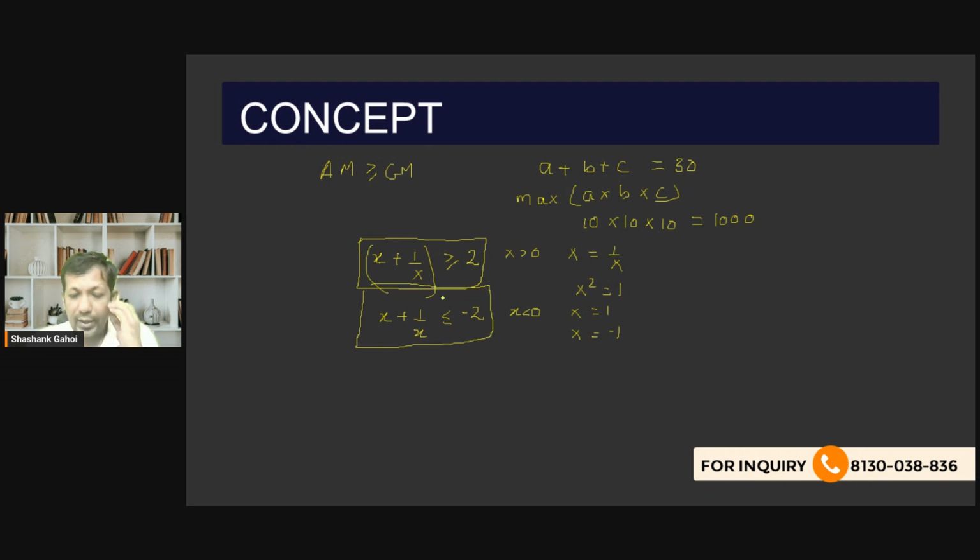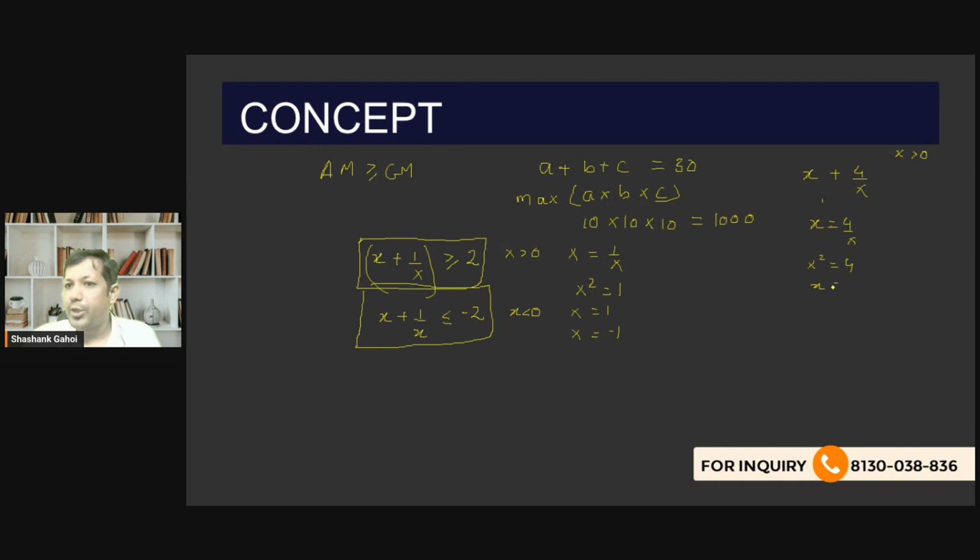So if you have a question like, for example, x plus, let's say, 4 upon x, what is the maximum value or what is the minimum value of this function? If x is positive, what is the minimum value of this function? So I am going to put x equal to 4 upon x. Okay, so I am going to get x square equal to 4.